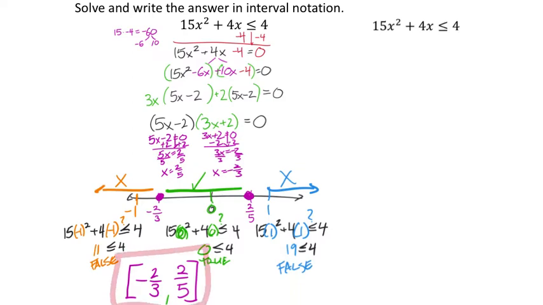But like I said, I'm going to show you how to find these x values a different way. This second method still includes the changing of this format. 15x squared plus 4x is less than or equal to 4. I still need it in its quadratic form, the standard form, which means I'm still going to change this into 15x squared. I'm going to skip the step because we already showed it, but I just subtracted 4 from both sides, right?